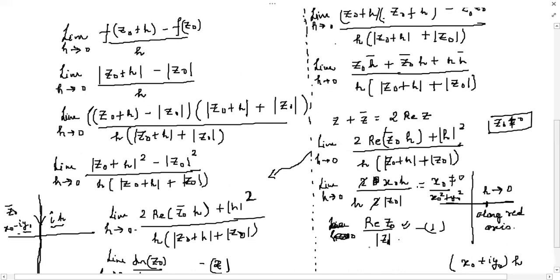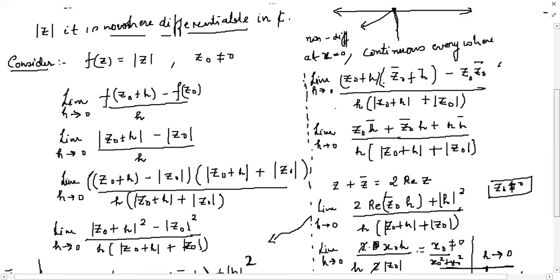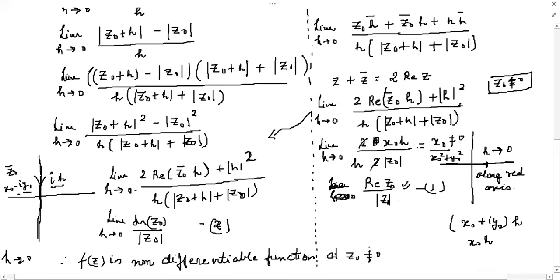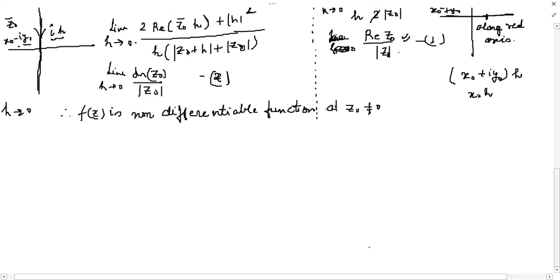If z naught was equal to 0, then it is also non-differentiable. We have seen that in the last class. In this class, we have seen that if z naught is not equal to 0, then also f(z) is non-differentiable.